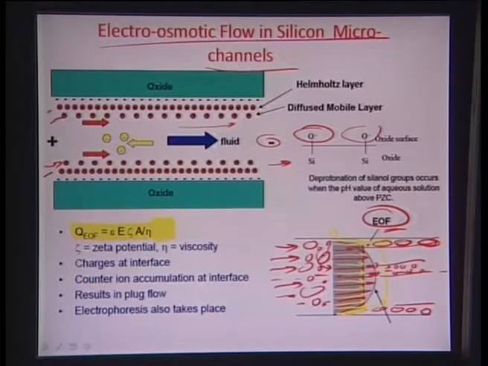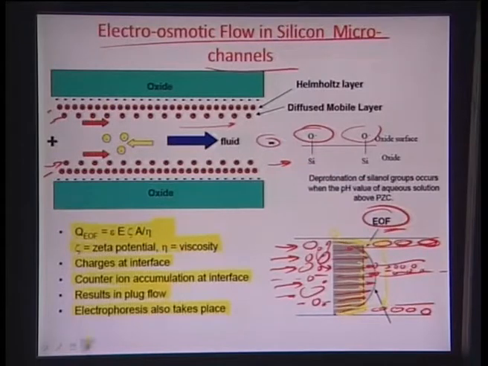So, it essentially depends on the charges at the interface, and there is a counter ion accumulation which drags along the fluid with it, and it results in a plug-like flow. Okay. Electrophoresis on the other hand is the motion of charged particles directly in a fluid medium, and we will be dealing with this a little bit later in more detail.